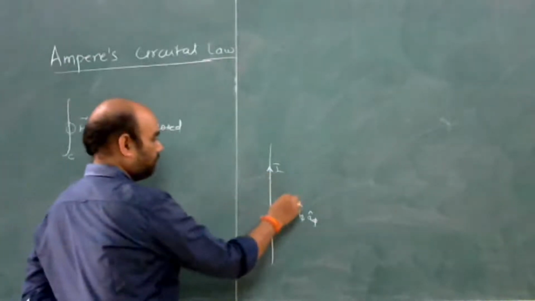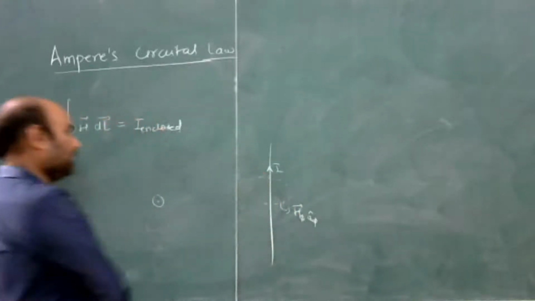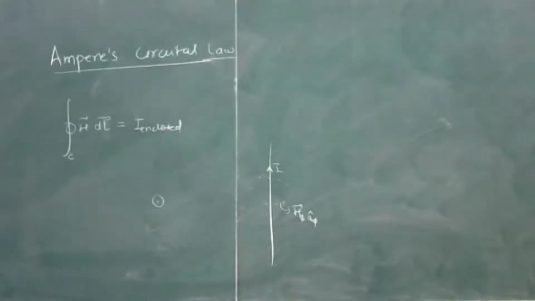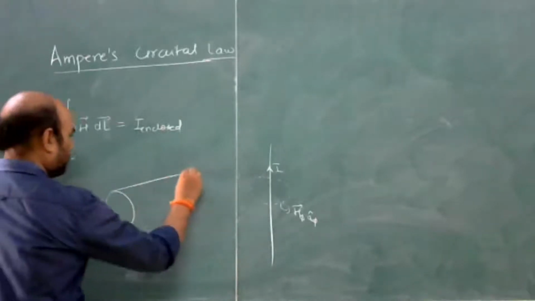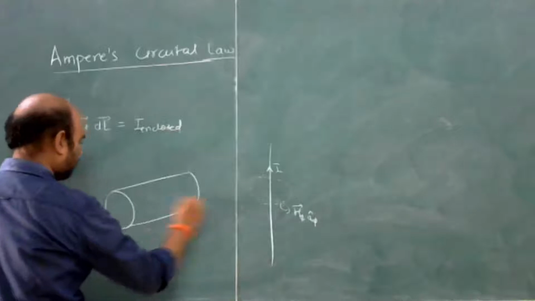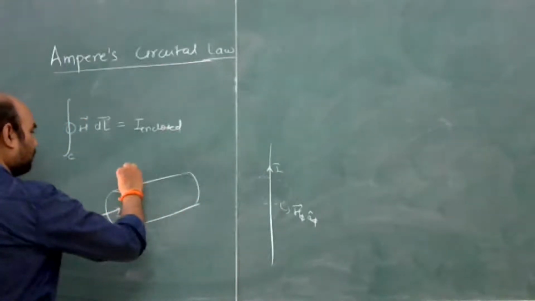If you take the line integral of this H, it will give you the total I enclosed by this conductor. There is a conductor like this, and current I is going through it.